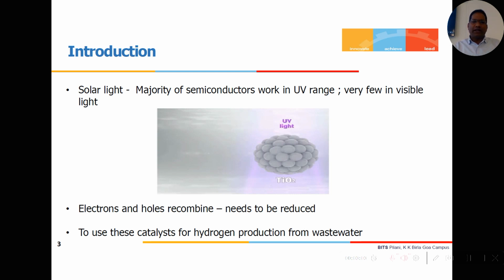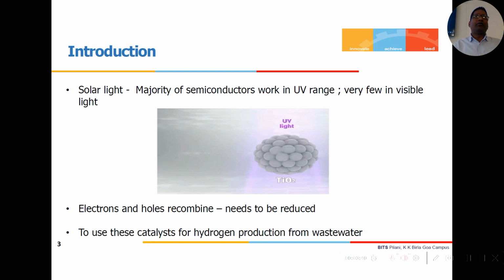Just to give an example, is it possible that when a catalyst is UV active, we can make it visible active? This is one such example: TiO2, which is a well-known photocatalyst because of many advantages, is UV active. But when we modify it, like black TiO2, which we can prepare from TiO2, it is both visible as well as UV active.